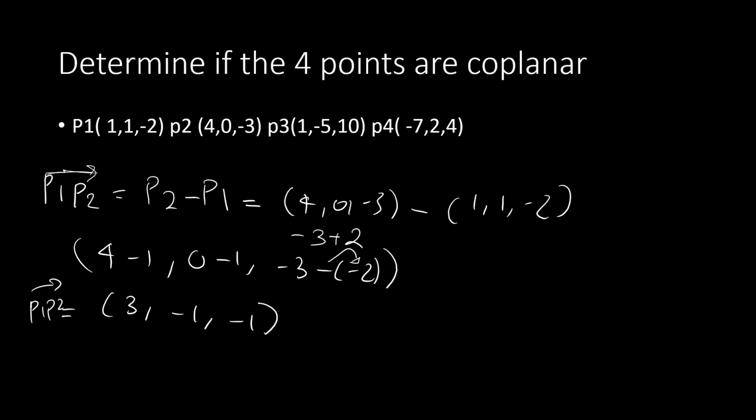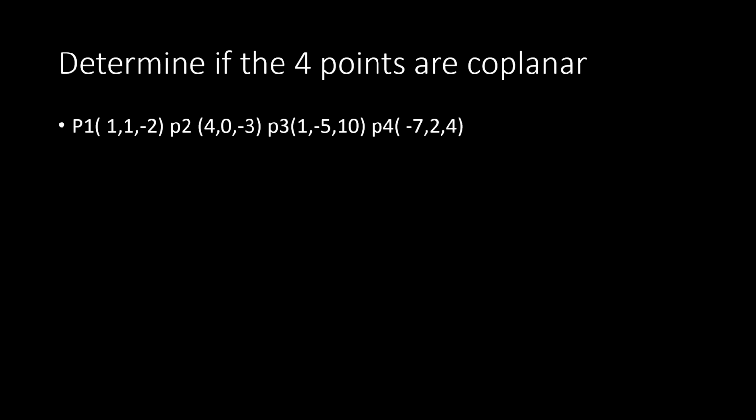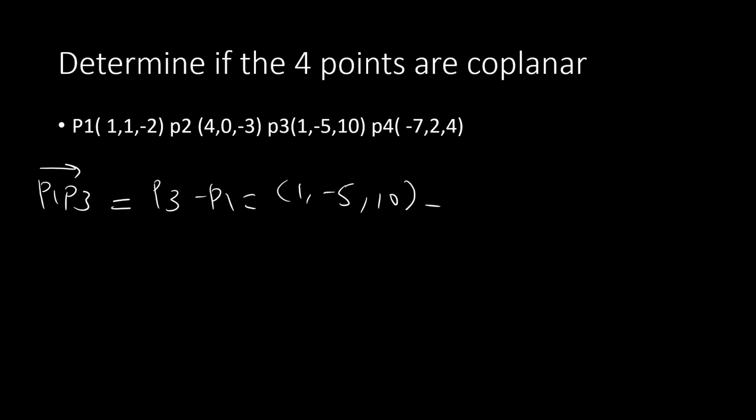Now let's find P1, P3. Here, first we did P1, P2, the distance from P1 to P2. Now we're doing P1 to P3, and at the end we'll do P1, P4. P1, P3 is the same as point P3 minus P1, so it gives 1, -5, 10, minus 1, 1, -2.